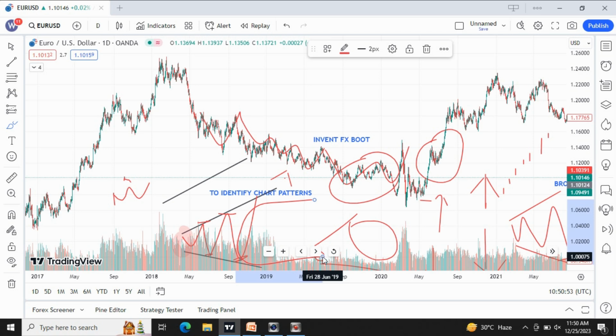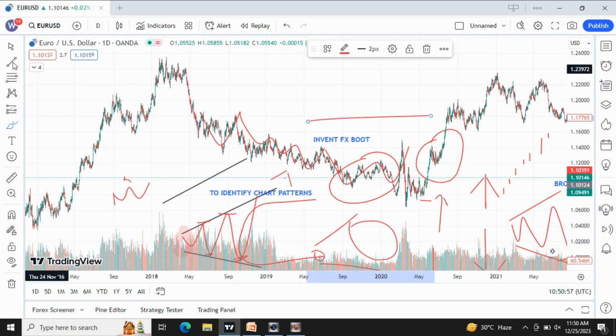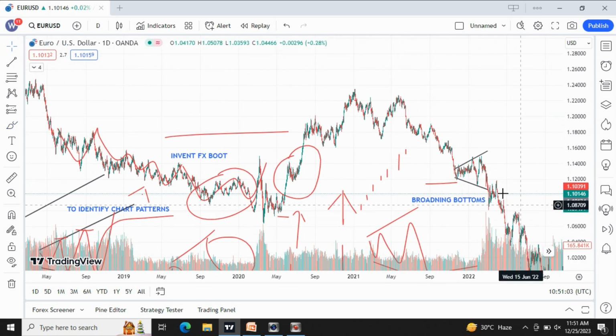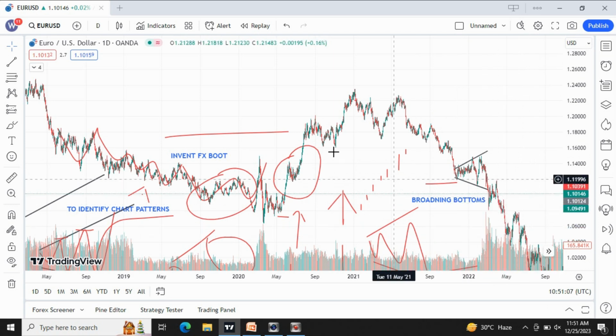Let me also consider breakout. A breakout occurs when price closes above the formation high, that is an upward breakout, or below the pattern low, a downward breakout.